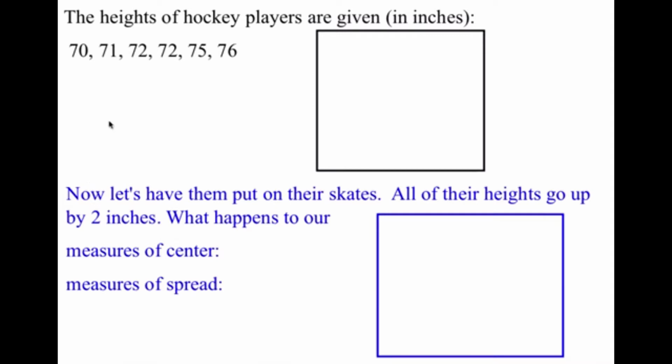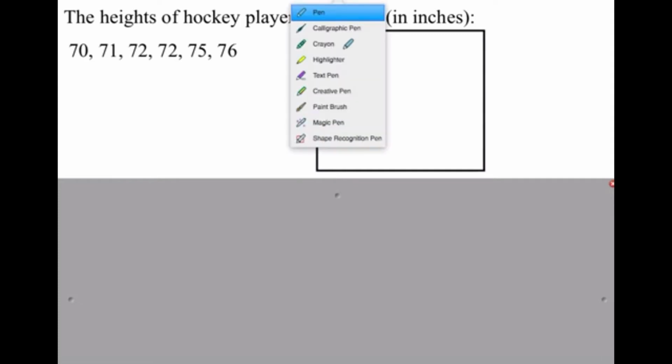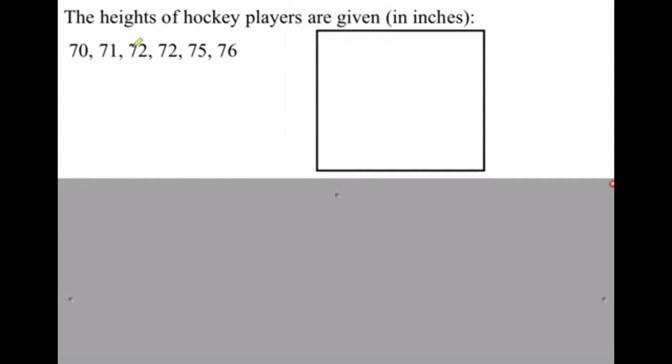Let's say I've got hockey players' heights. These heights are given in inches. Now I could easily figure out that the median would be the center in between these two values, which is also going to be a 72.